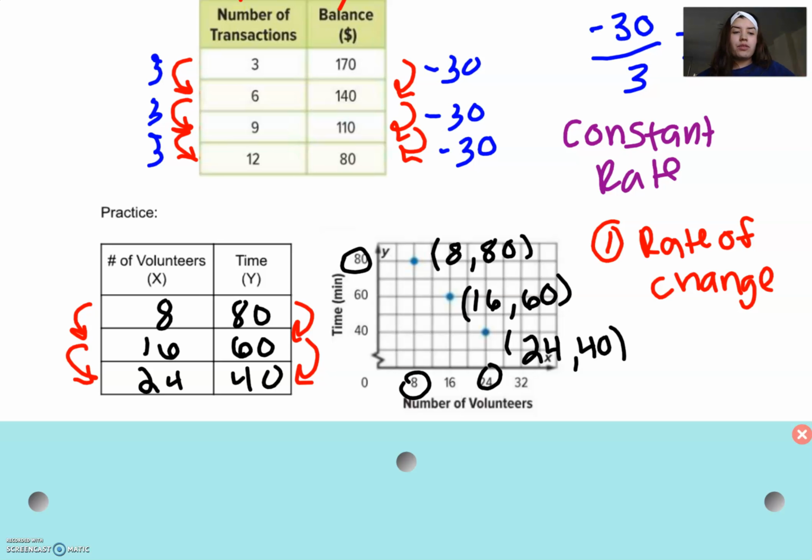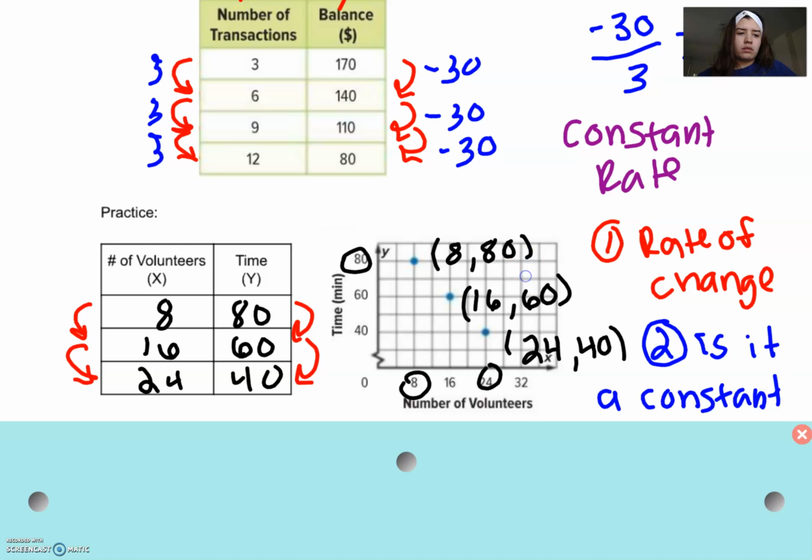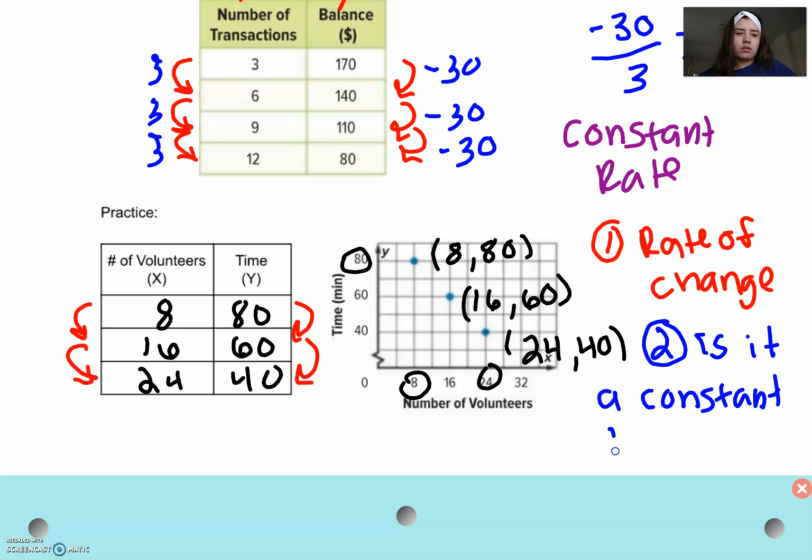Okay, and then after you find that, I want you to tell me, is it a constant rate? I'm going to give you some time to figure this out.